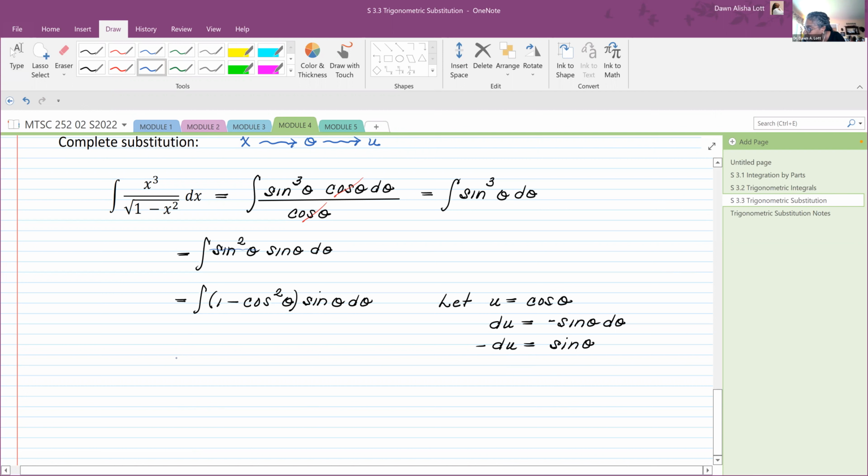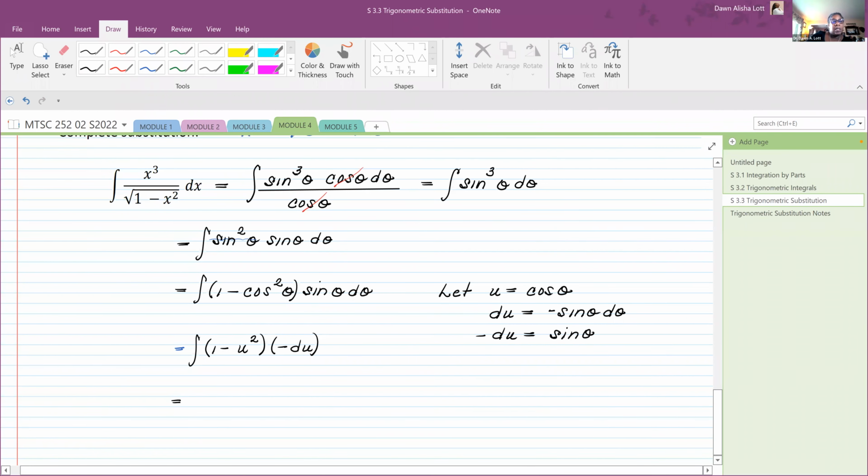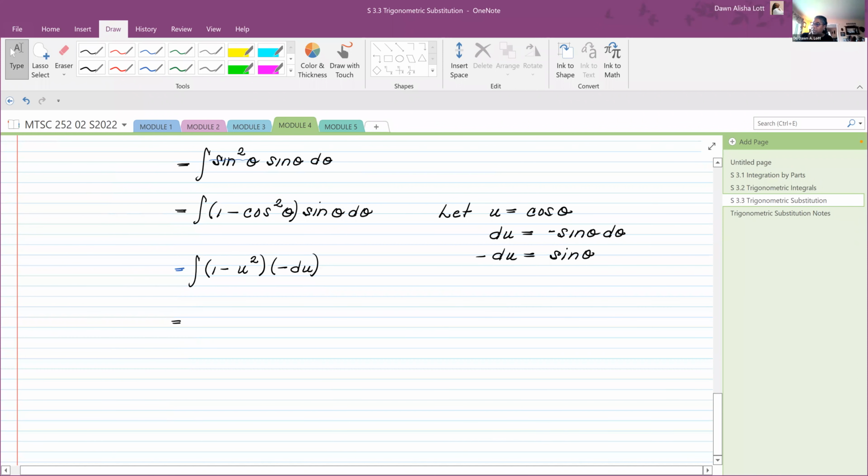All right, so this becomes the integral of 1 minus u squared times negative du. So that is the integral. I can flip them and get u squared minus 1. So that gives me 1/3 u cubed minus u plus a constant.